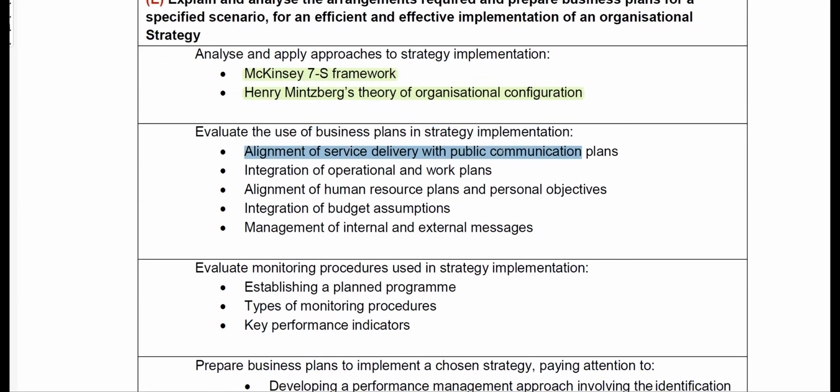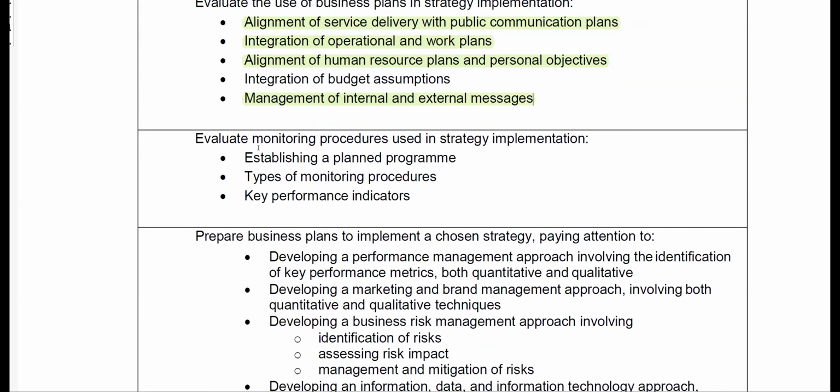So alignment of service delivery with public communication plans. You have to look at the integration of operational and work plans. You have to look at how to align human resource plans and personal objectives, integration of budget assumptions, management of internal and external messages. All these things are mostly achieved with the use of KPIs and CSFs. Then you establish plan programs, types of monitoring procedures, and key performance indicators.